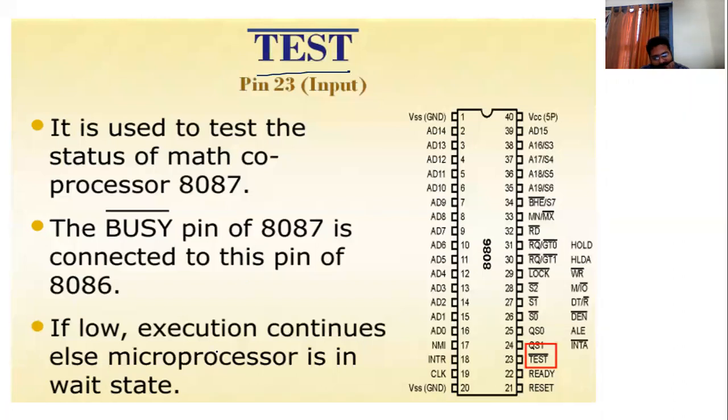The test is used whenever you want to connect one processor to another processor, for example an 8086 with an 8087 processor. At that time, whenever it is 0, it can acknowledge that, so it can wait to connect the other devices. A very simple signal.